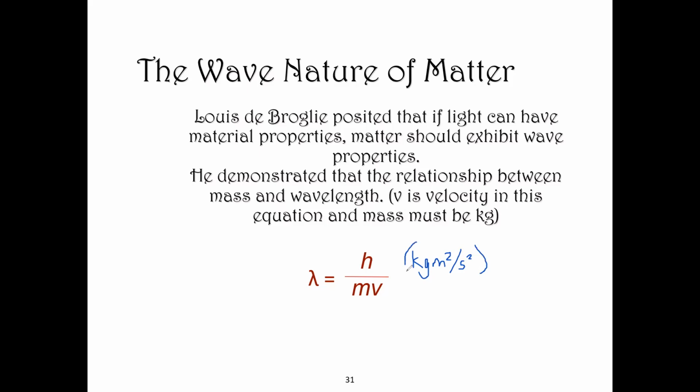And then we'll have that entire thing multiplied by seconds on top, just because Planck's constant is joules times seconds. And then on the bottom, we'll have kilograms, and velocity is going to be meters per second.